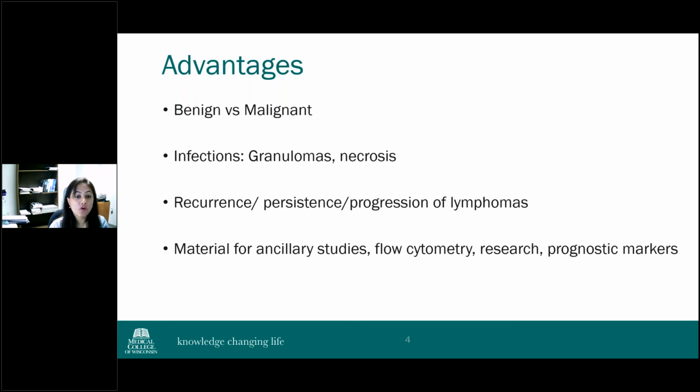For lymphomas that have already been diagnosed, FNA can provide a useful technique for documenting the recurrence, the persistence, and the progression of lymphomas. And as already noted, this is excellent for getting material for ancillary studies, whether they be for flow cytometry, for research purposes, or as prognostic or predictive markers.